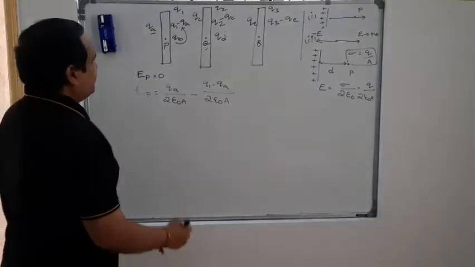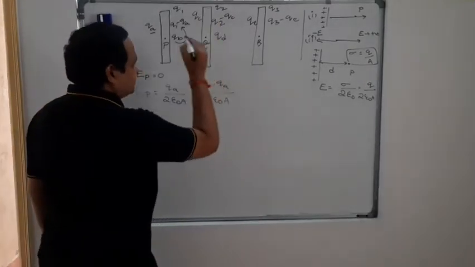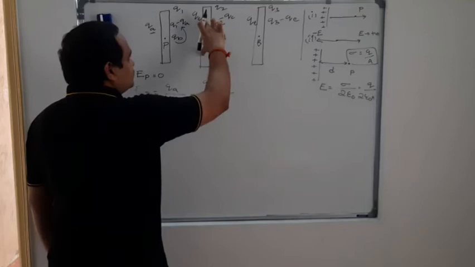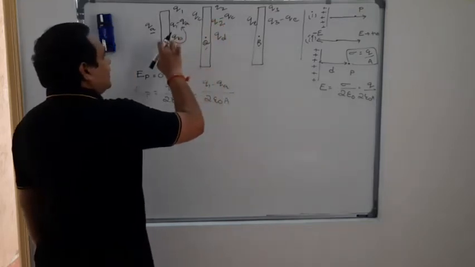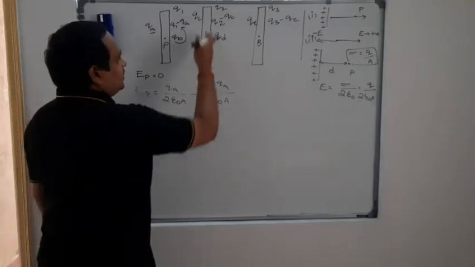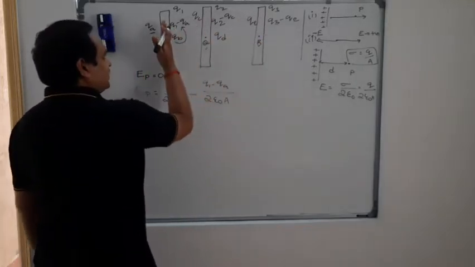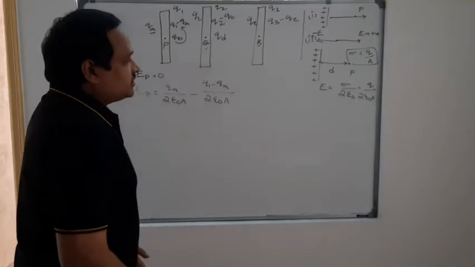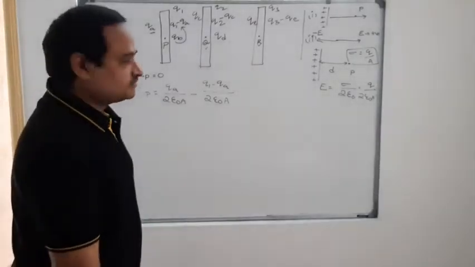Q1 minus QA divided by 2 epsilon naught A. Correct? Now, the same way, let us take this plate. Electric field due to this plate at this point will be towards the left side. So, remaining all the plates also, electric field at this point will be towards the left side. So, electric field is negative. Right?